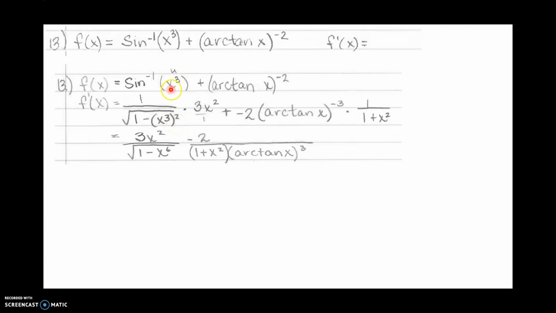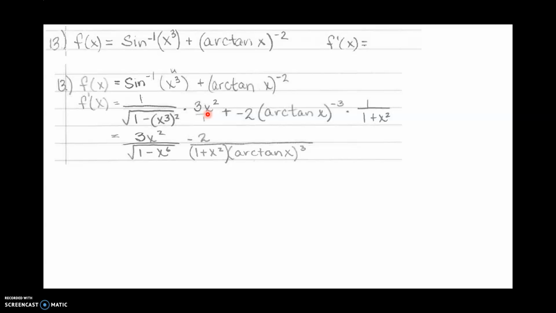And for us, we don't have a plain x here, we have a quantity. So we're going to use chain rule. And so we're going to say 1 over the square root of 1 minus our quantity squared, that's the derivative of the outside, times the derivative of our quantity. And the quantity was x cubed. So the derivative of x cubed is 3x squared. That's the derivative of the inside.